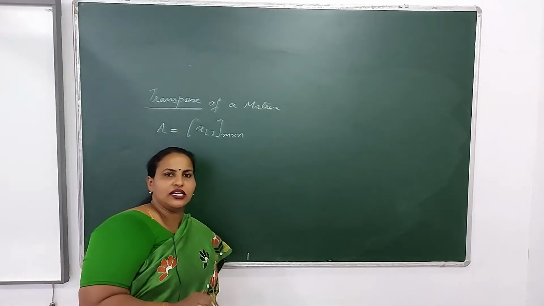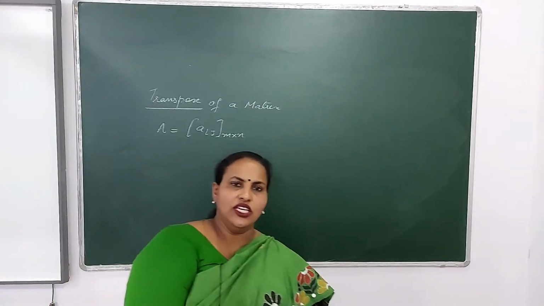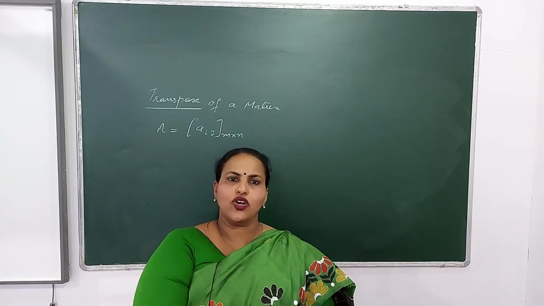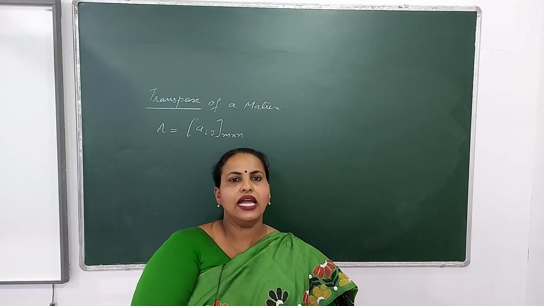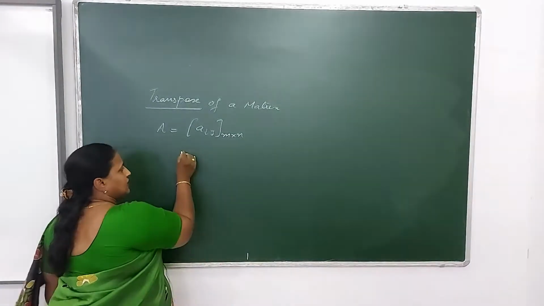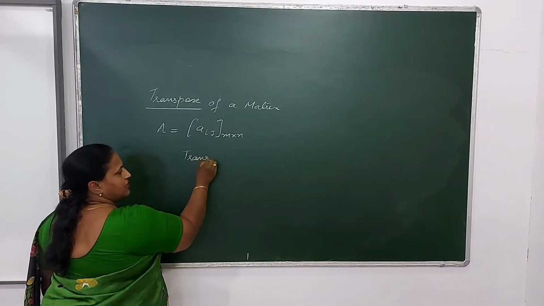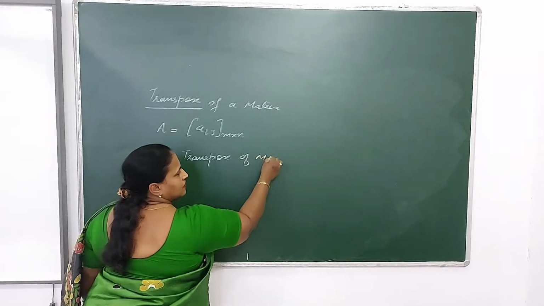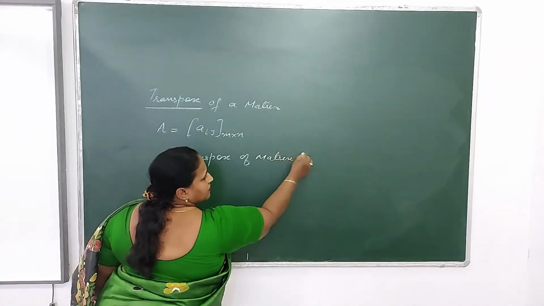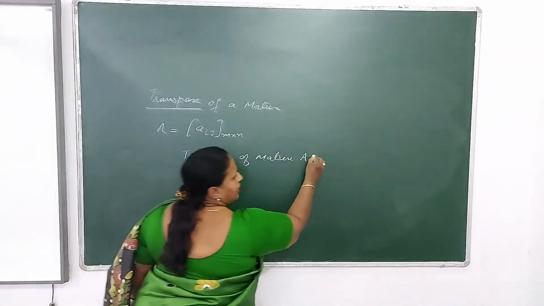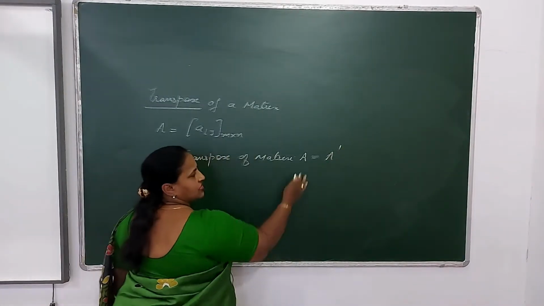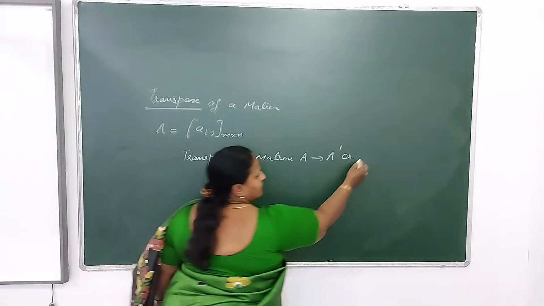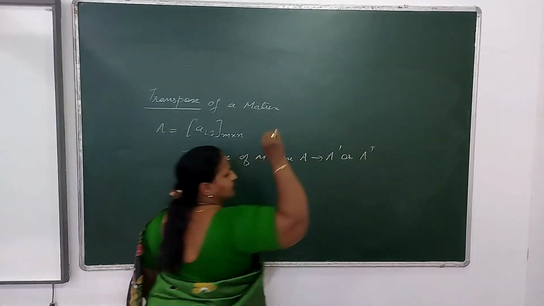Transpose of a matrix is obtained by changing either rows to columns or columns to rows, and it is denoted by A dash, or the other symbol for this is AT.